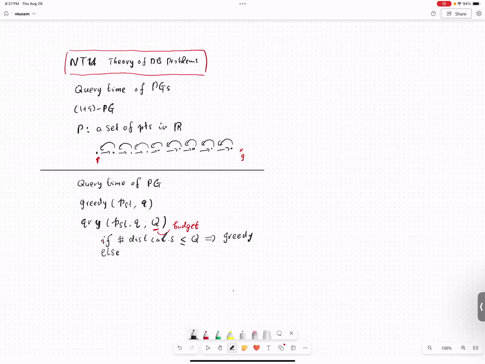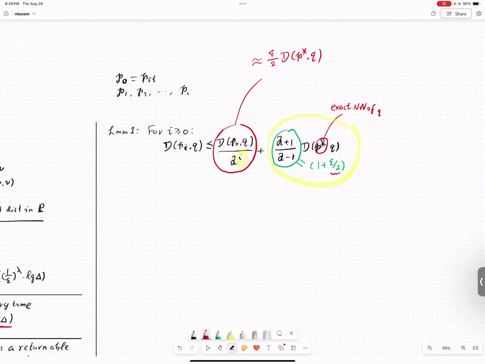As you will see later on, after we have managed to establish this lemma, our eventual goal is to set the first term to roughly epsilon over 2 times D(P*, Q). I did this on purpose.